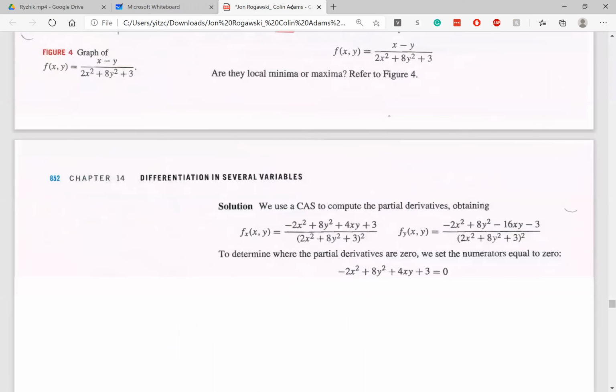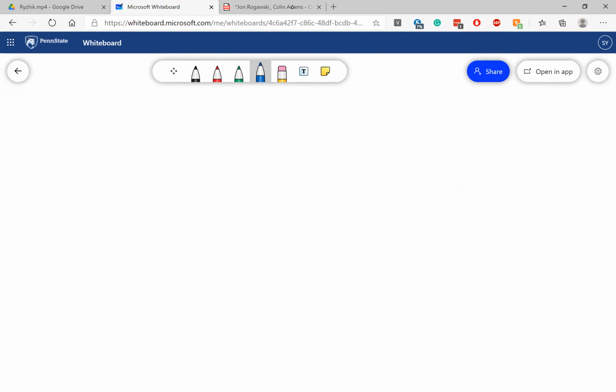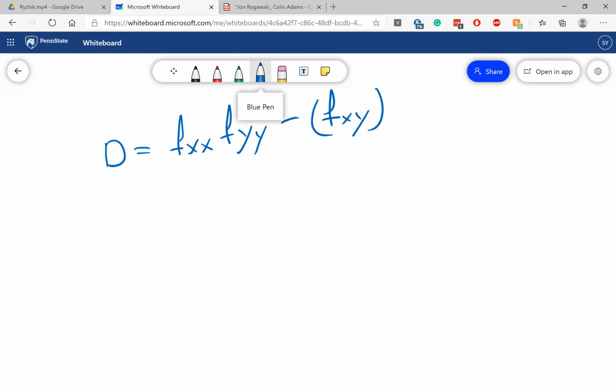Okay. So now, the same way in Calc 1 we had the second derivative test, in Calc 2 we use this thing D, which is going to be the partial of f with respect to x twice times the partial of f with respect to y twice minus the partial of xy squared. And we're going to use this D to figure out whether we have one of three options.